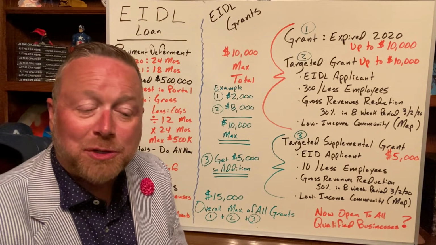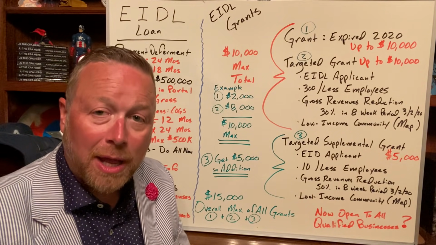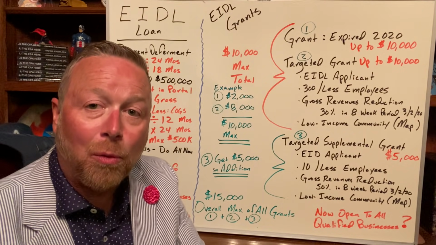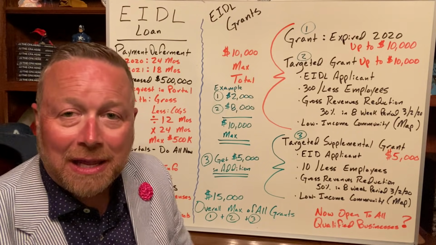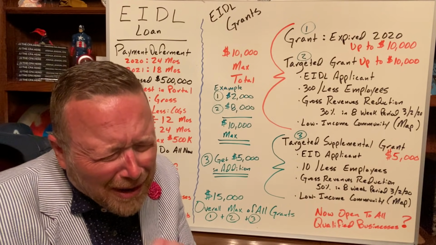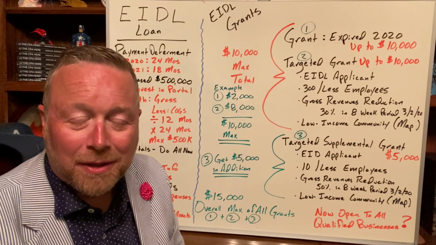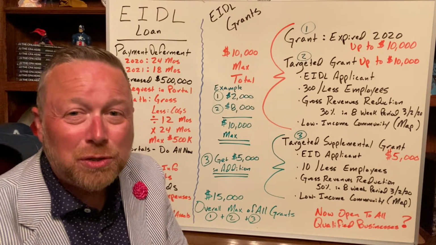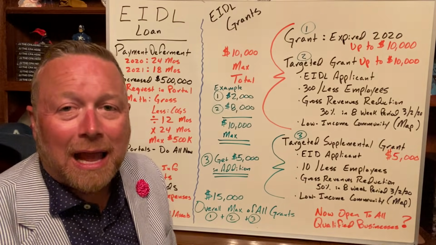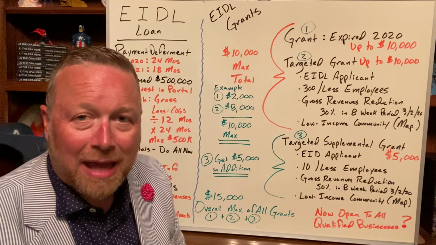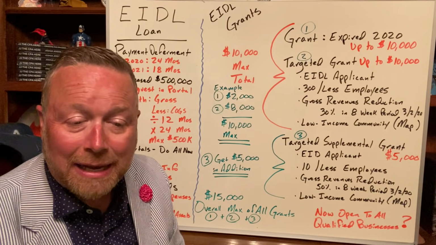That was something that the SBA implemented on their own to help preserve monies to help more businesses. So in 2020, when you applied for the EIDL, unless you were one of the very, very first ones, because I had 2 clients that applied immediately for the EIDL, and they got the full $10,000, even though they didn't have 10 employees.